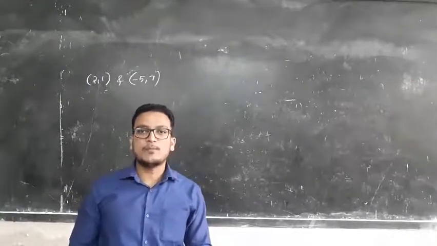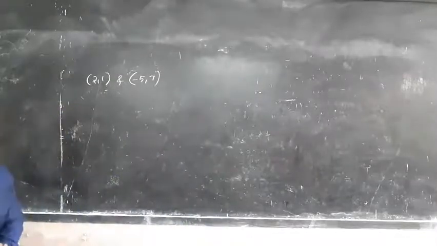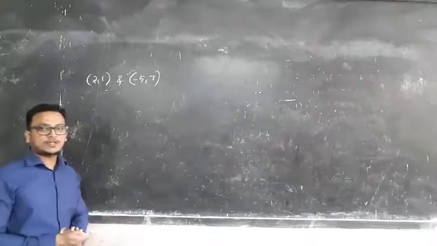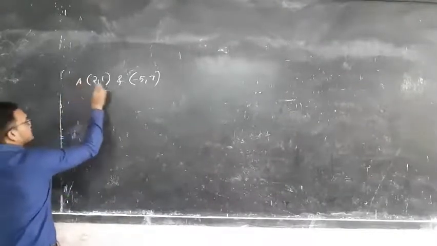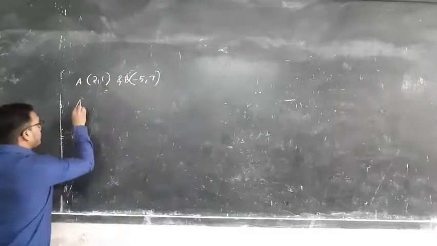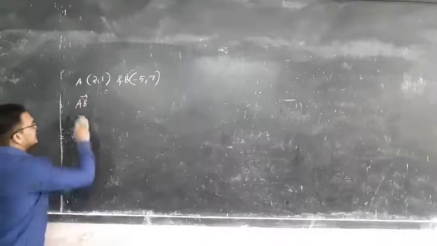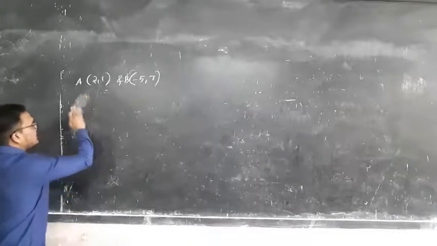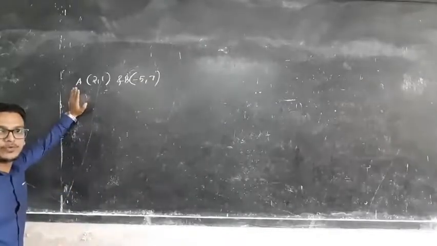But in the question they have just given the initial point and the terminal point. So let us assume that the initial point is A and the terminal point is B. Therefore it forms the vector AB. But before taking this vector AB, you have to write these points in component form.